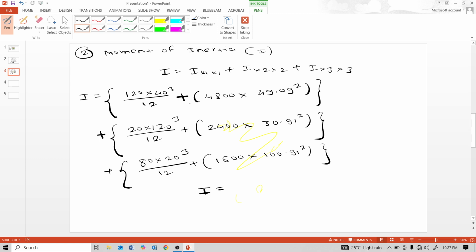This is 12.20 into 10 raised to 6, plus this second bracket, 2400 multiplied by 30.91 square plus 20 into 120 cube divided by 12, which is 5.17 into 10 raised to 6, plus this third curly bracket, 1600 multiplied by 100.91 square plus 80 into 20 cube divided by 12.